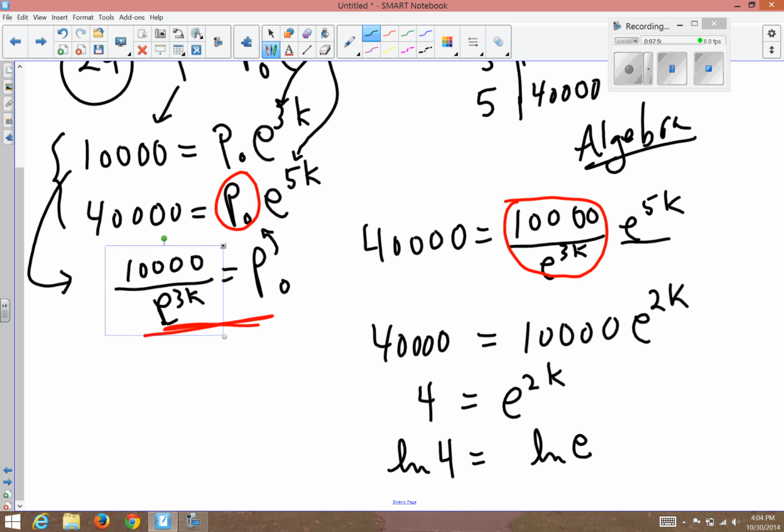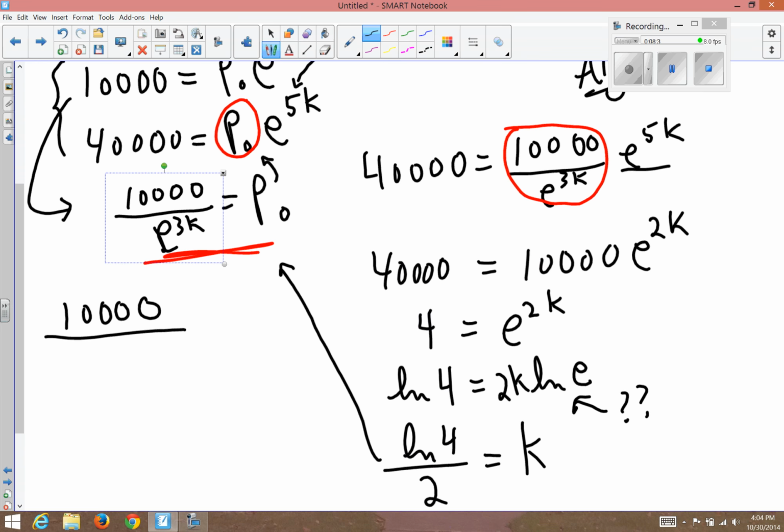Anywhere we see k, we can put the natural log of 4 over 2. I think I'm going to put it in there. So 10,000 over e to the 3 times k, that means 3 times the natural log of 4 over 2, equals P sub 0.